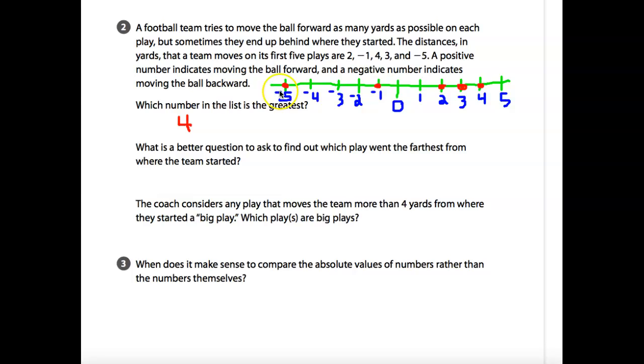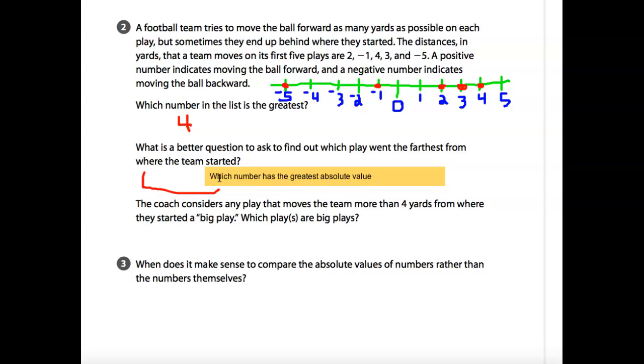So really what they probably should have asked here is, I was trying to change it to text. So probably a better question that they could have asked is, which number has the greatest absolute value?